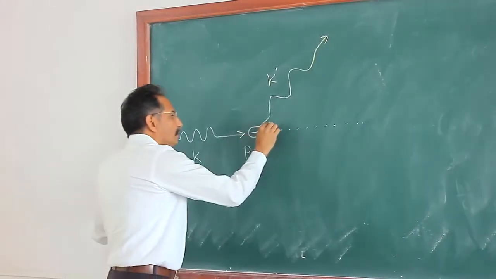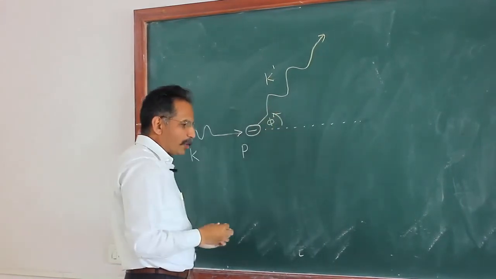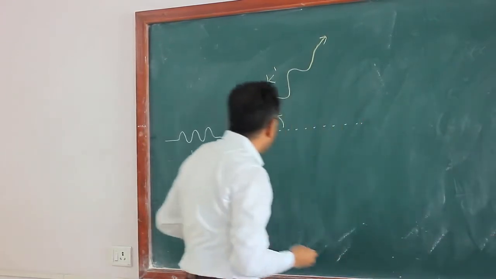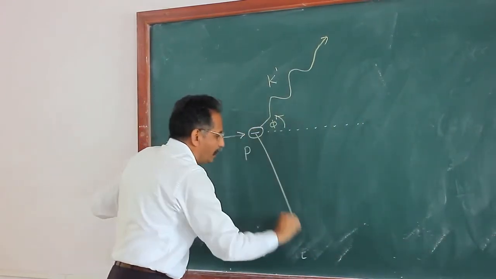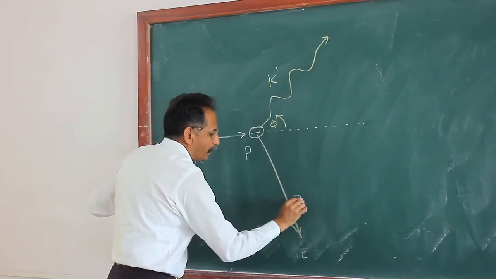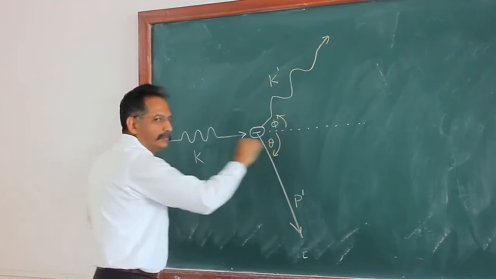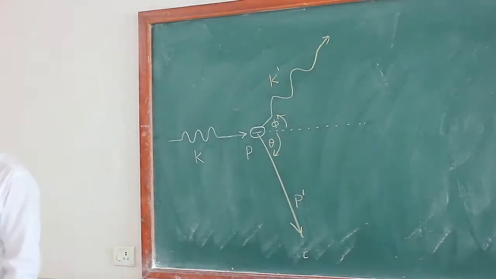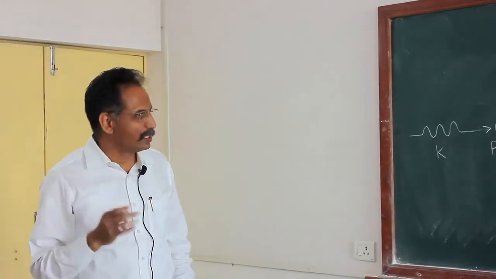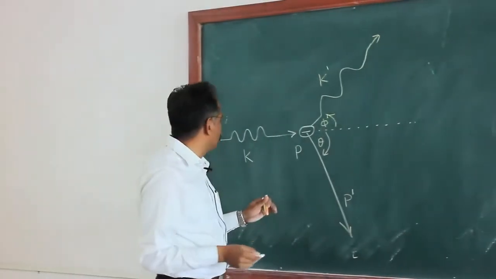It is at an angle phi, and the electron recoils in some direction. Let us suppose that it recoils in some direction like this, and it is expressed by p dash. This direction is suppose theta. And now our business is to write 4 vectors for all. So this is a genuine example that we are going to discuss.